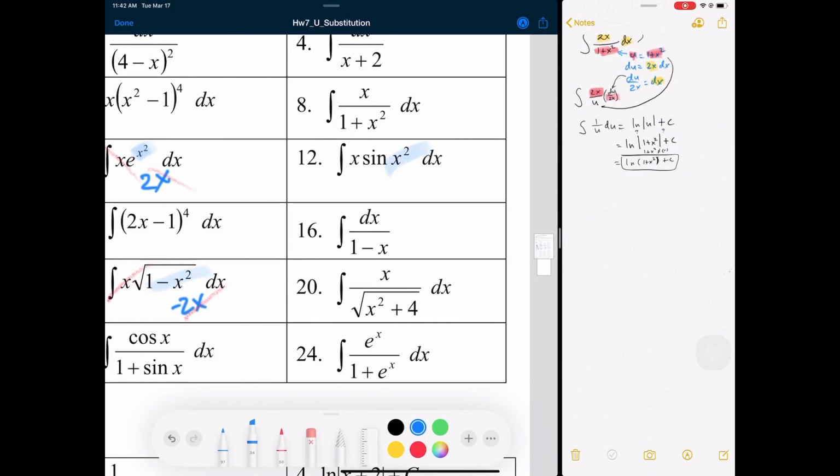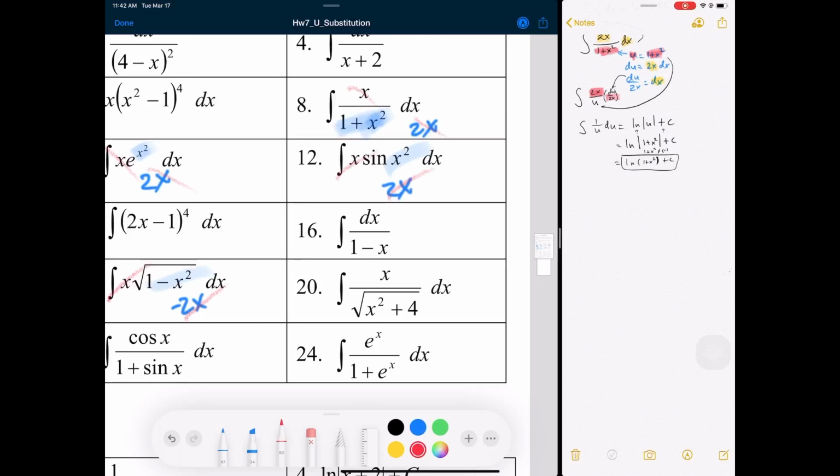Looking over here, x squared. What's the derivative of x squared? 2x. Doesn't this x divide out with this x? 1 minus x squared. The derivative of 1 minus x squared is 0 plus 2x. And that x divides out with this x. So that's the idea of U-substitution.